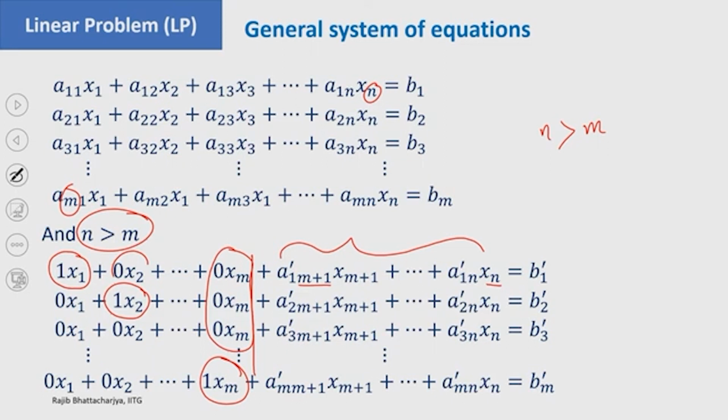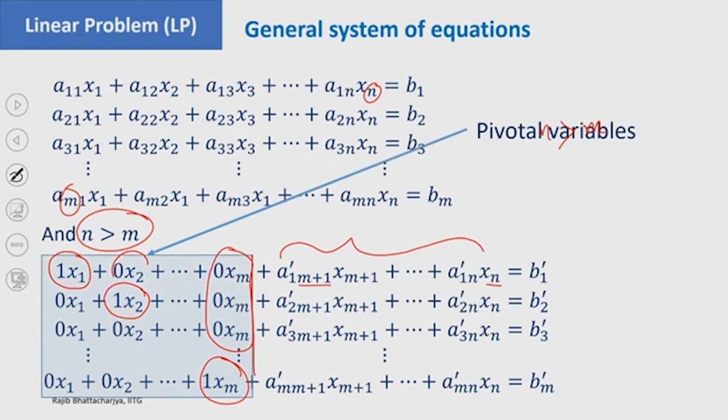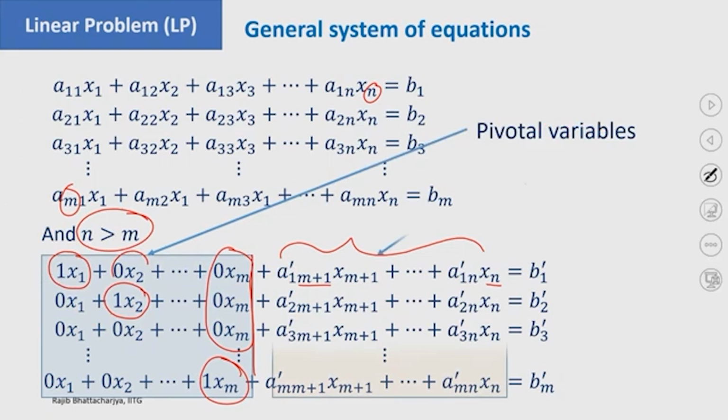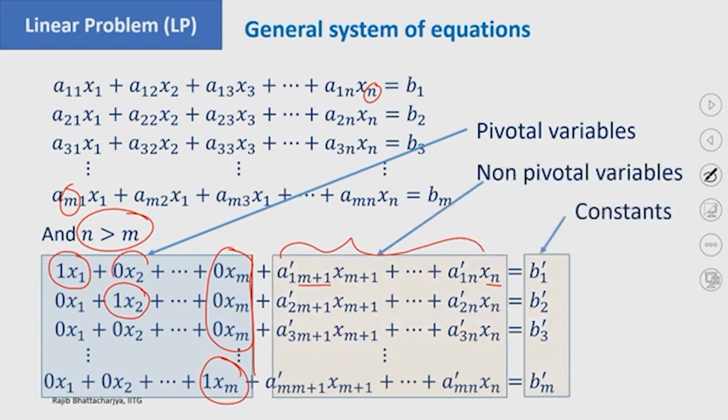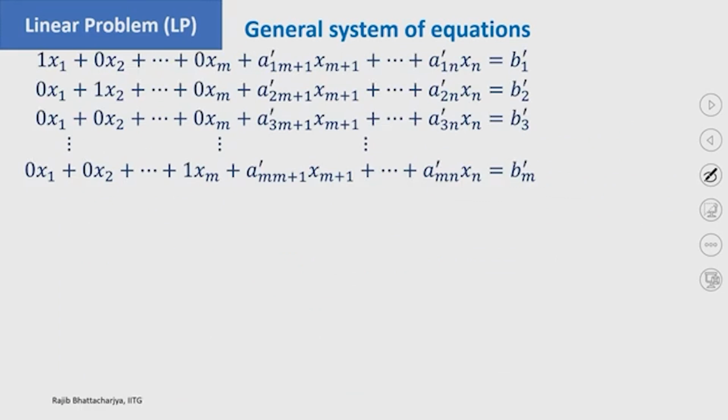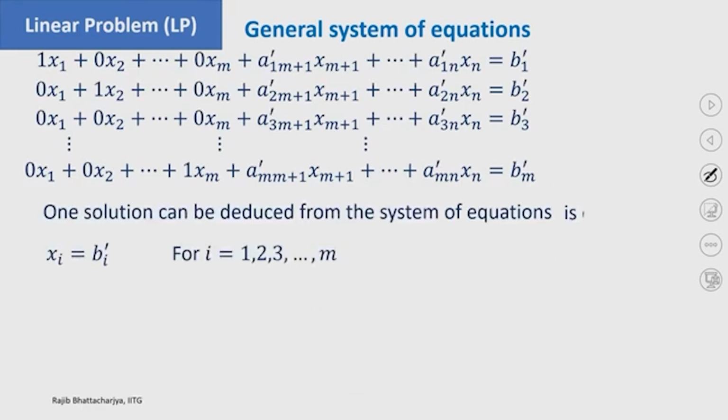Okay. So, one possible solution. These are pivotal variables, these are non-pivotal variables, and these are the constants. Therefore, for this particular problem, one solution that can be determined from the system of equations is x i equal to b i dash.